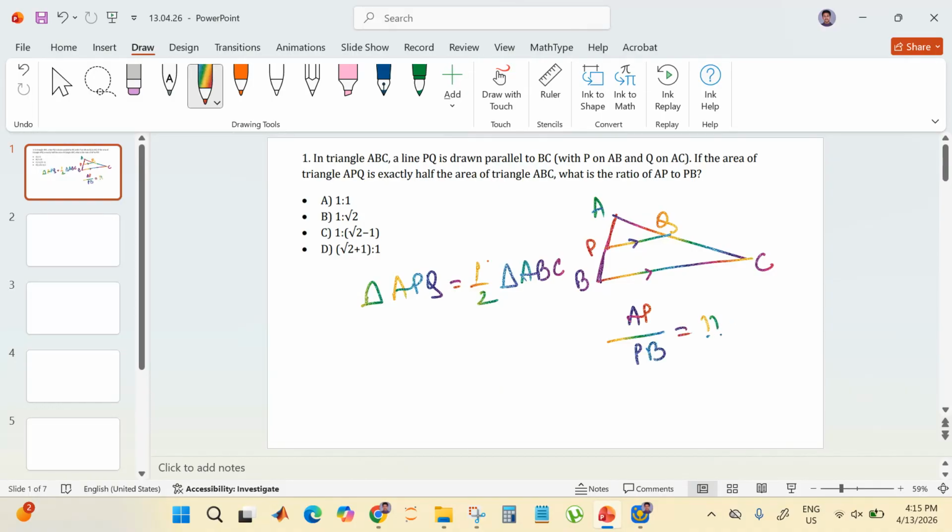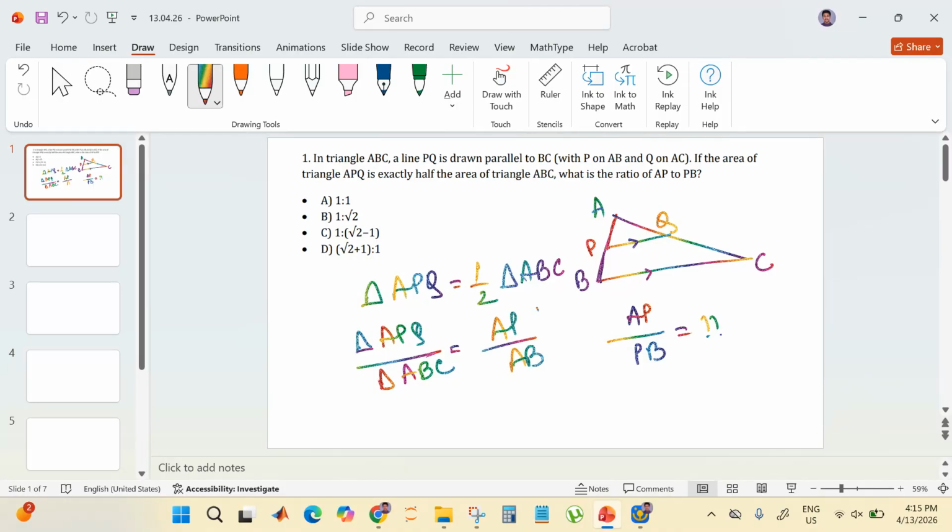So basically we know one theorem, Thales theorem, right? According to it, the area ratio of two similar triangles is exactly the ratio of the corresponding sides squared.